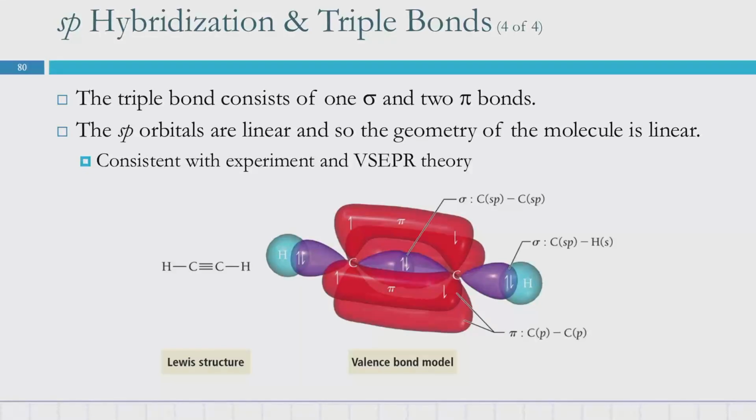They also each have p to p pi bonds that can form. So we've got the end-to-end overlap, and then we've got p orbitals that are in the up-down position and p orbitals that are coming out of the board going into the board position. And so we can get sideways overlap between both of those orbitals, and they're half-filled. So we can form 2 pi bonds.